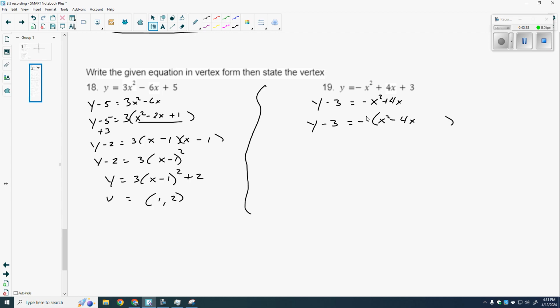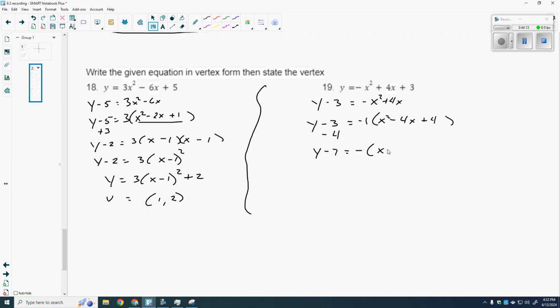Leave myself a space. And 4 divided by 2 is 2. 2 squared is 4. Added 4 here, but this negative sign gets multiplied by that 4, so what I really did over here is I added a negative 4, which means I have to add a negative 4 over there.